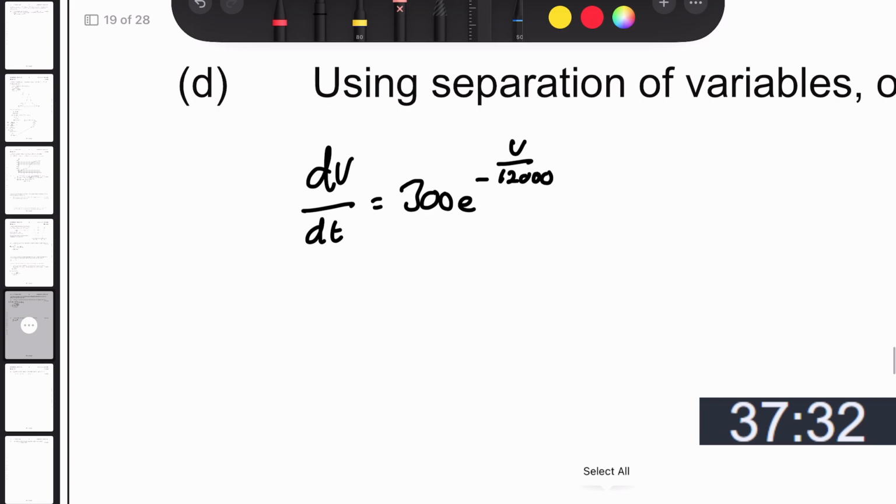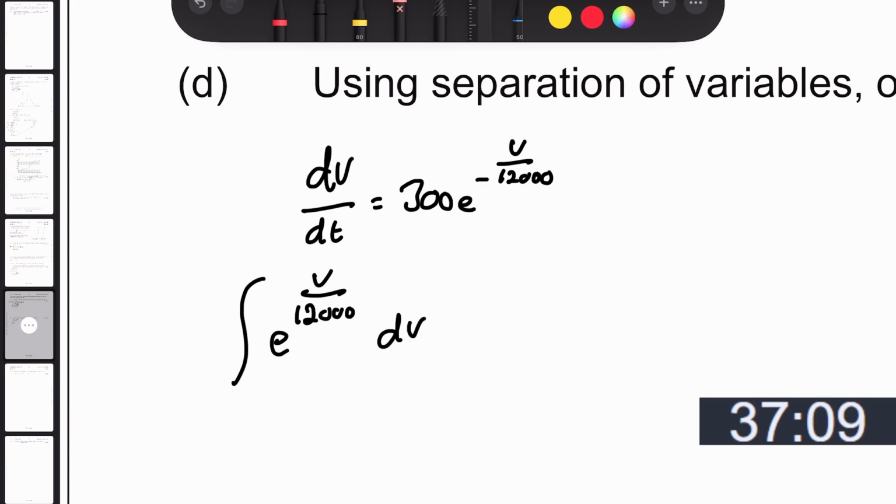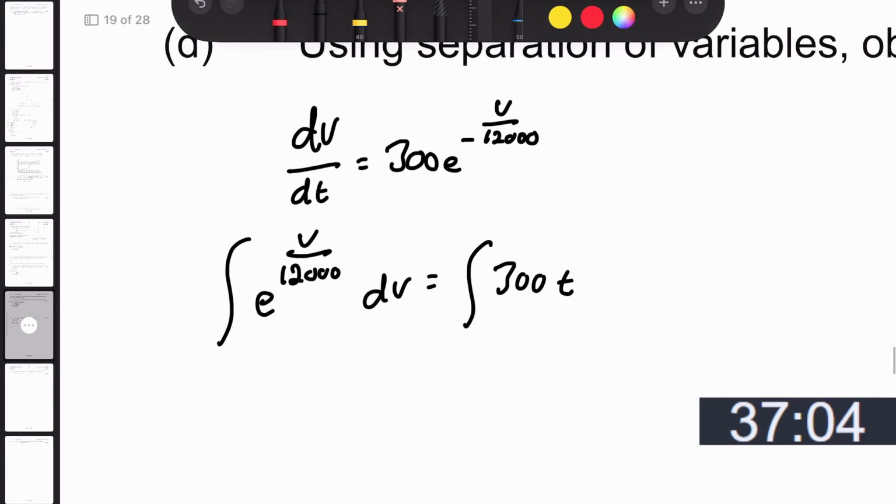If I have 1 on e to the negative V on 12,000, then since this is on an integral, I can say that's to the negative 1 and these will cancel, and then I can say that's just e to the V on 12,000 dV, and then this will be 300 dt.